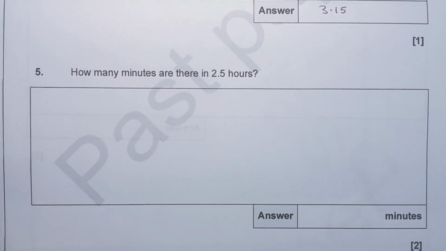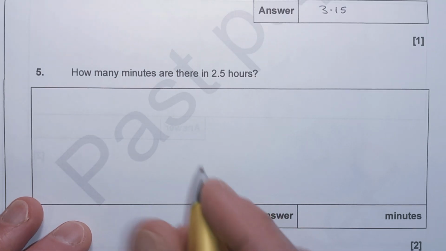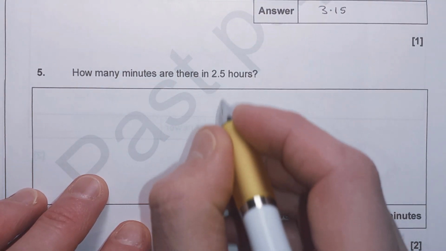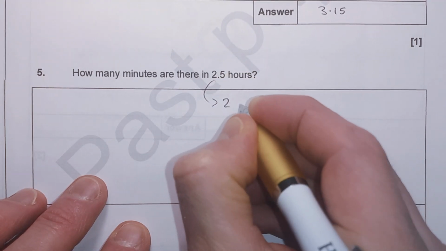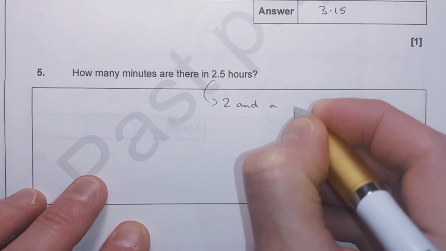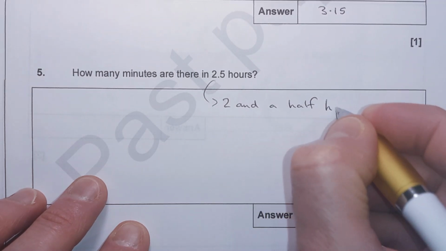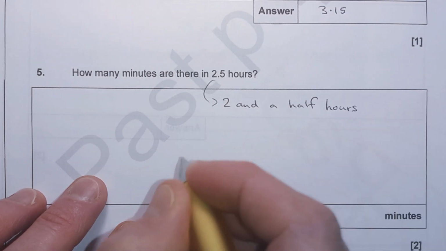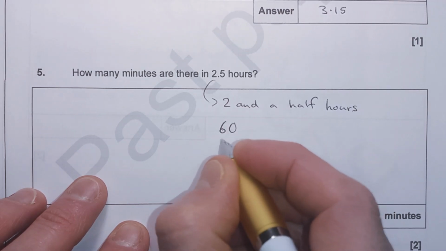Okay, question 5. How many minutes are there in 2.5 hours? Okay, well, 2.5 hours, you can think of that as 2 hours and the 0.5. Well, I know in 1 hour we've got 60 minutes.